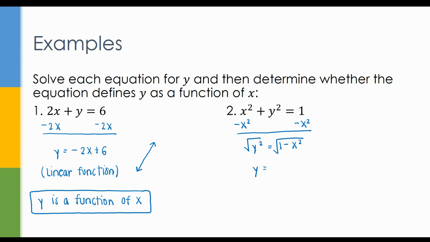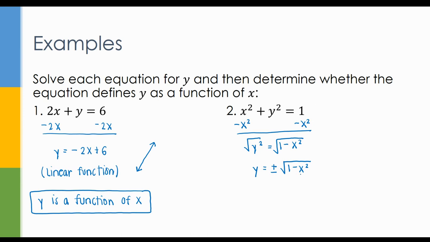So now if we remember what we just talked about in the last chapter, when you're solving an equation and you take the square root of both sides, you don't just have one answer, you have two. So we have both positive and negative the square root of 1 minus x squared.